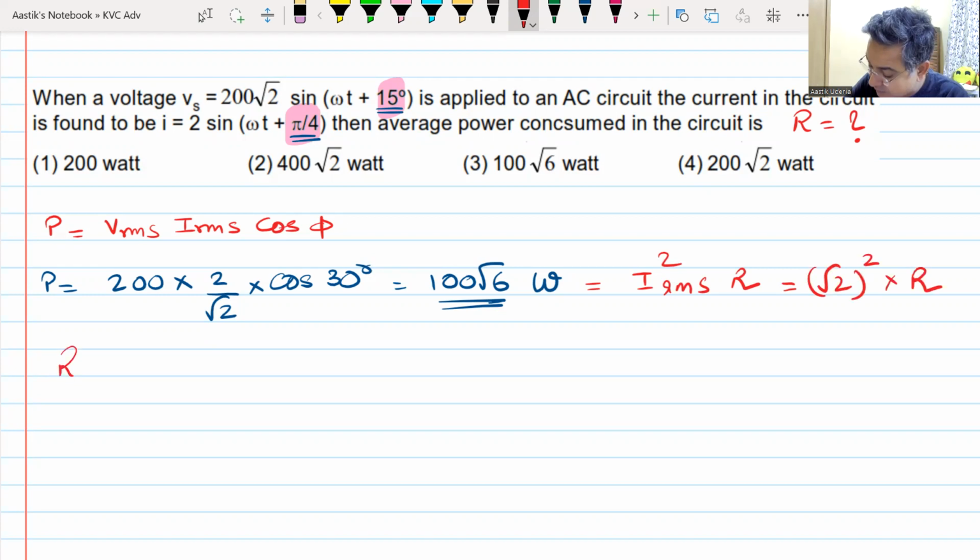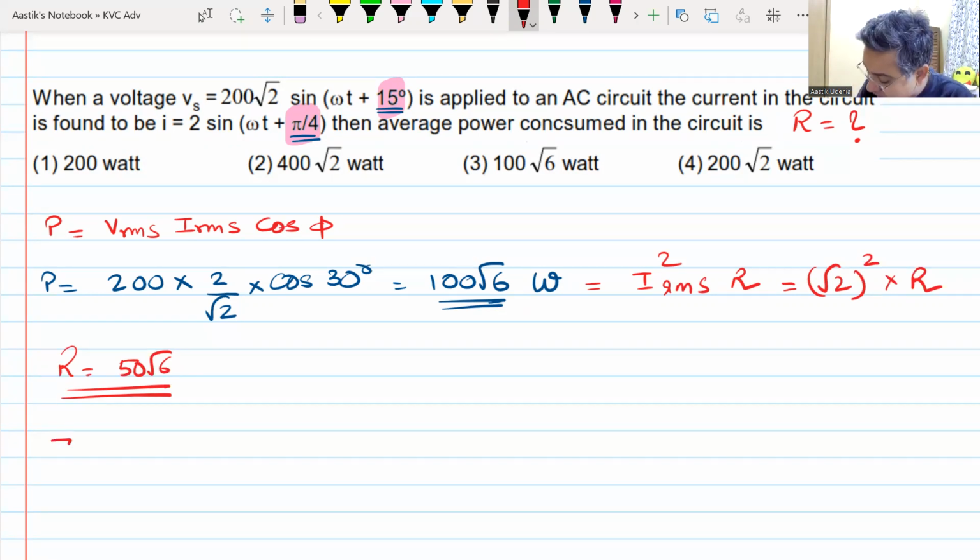So the value of R becomes 50 root 6. Do we understand this? Yes. Everyone understands this? Yes, sir.